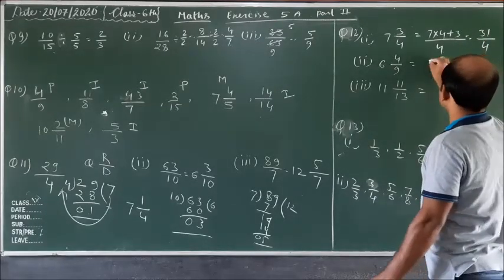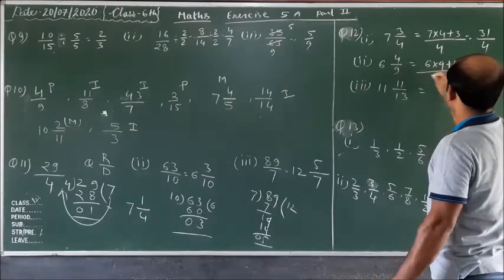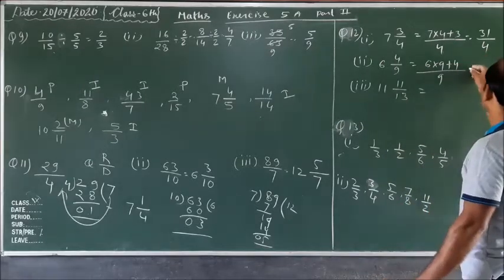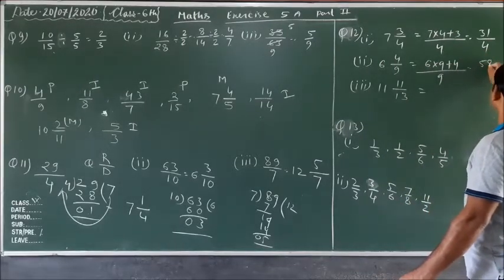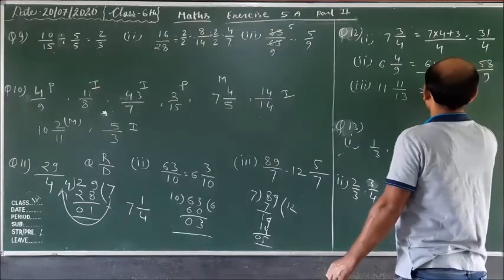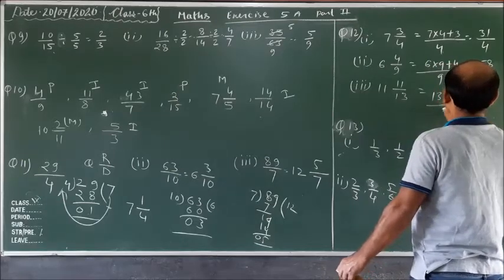Okay. Now here 6 multiplied by 9 plus 4 upon 9. 9 6s are 54. 54 plus 4 equals 58 upon 9. Here 30 multiplied by 11 plus 11 upon 30.